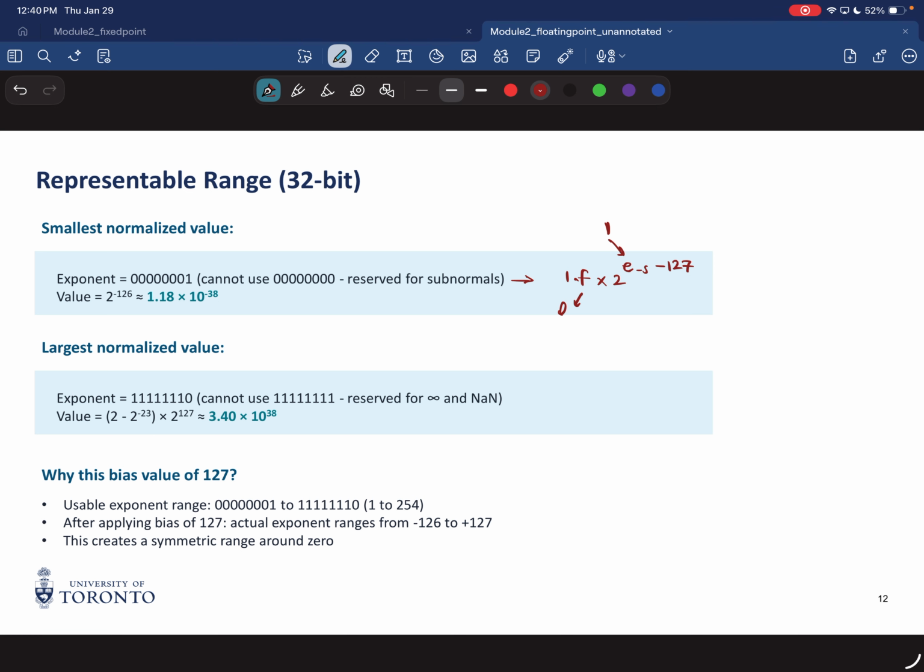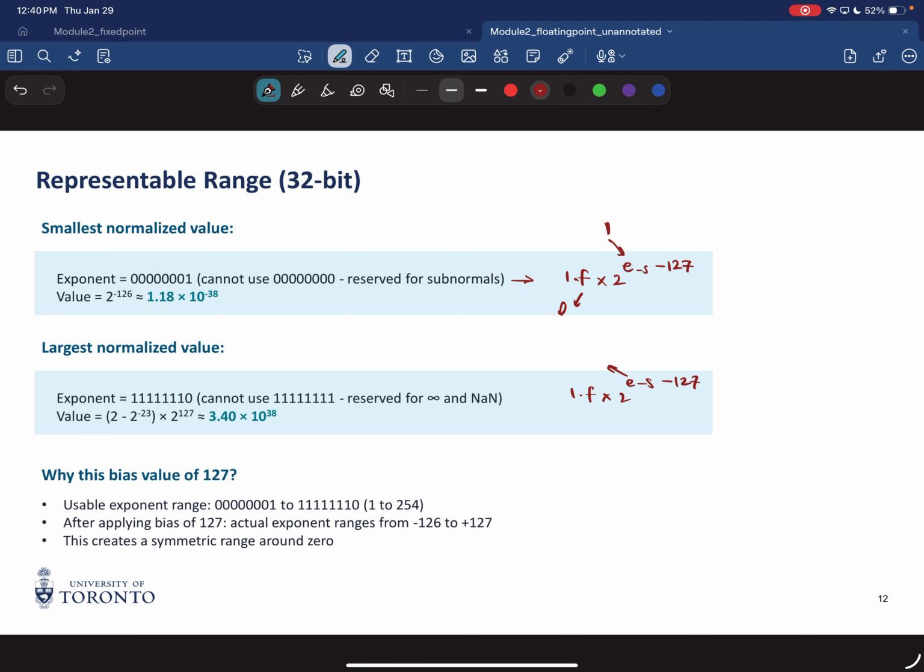Now the largest one: again, you can't have all ones for the exponent. So you would have 1 point f times 2 to the power of e stored minus 127.